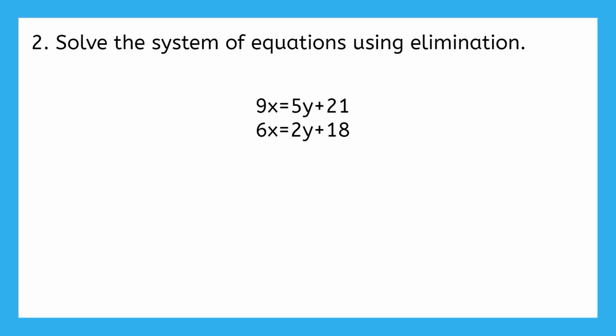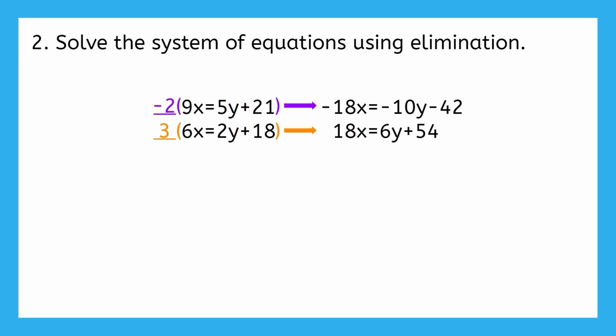Let's rewind and take a look at what would have happened if you chose to eliminate the x terms instead. Because the LCM of the x coefficients is 18, we need to create terms of 18x and negative 18x. I'll stick with making my top equation negative, so I'll multiply the top equation by negative 2 and the bottom equation by positive 3, which makes my system look like this.